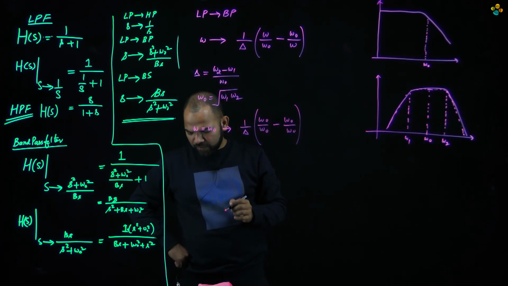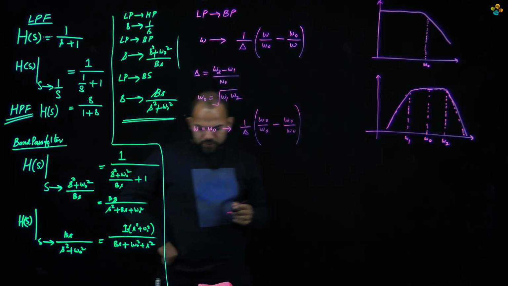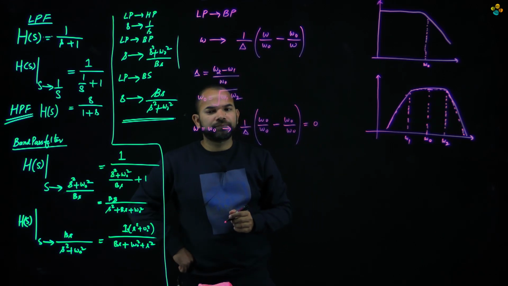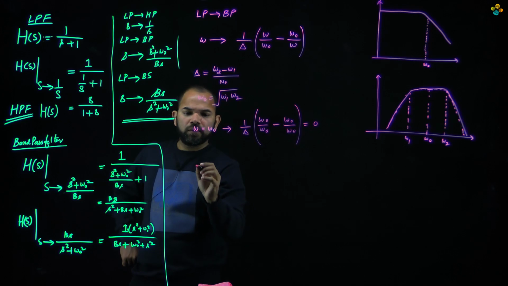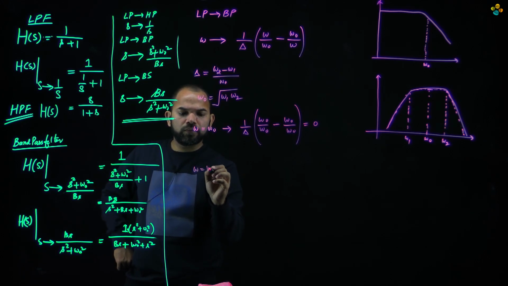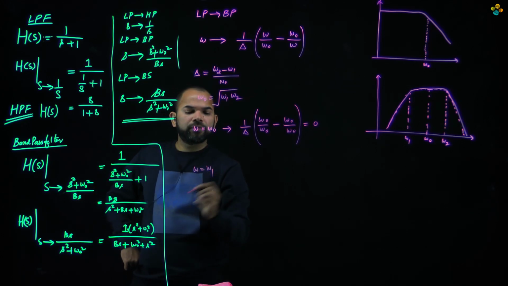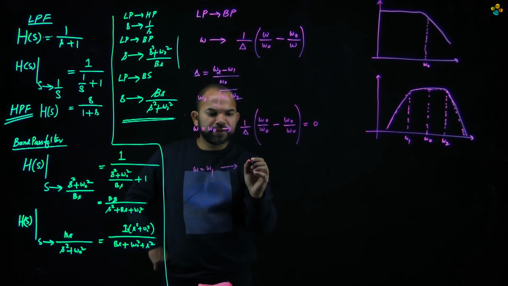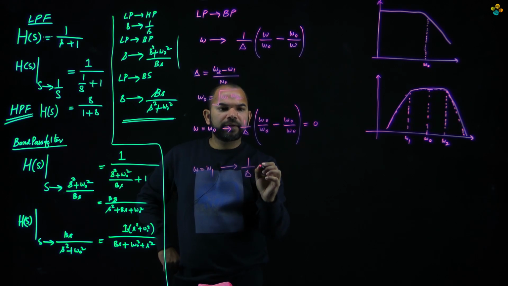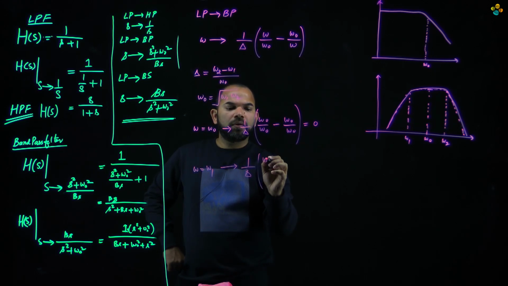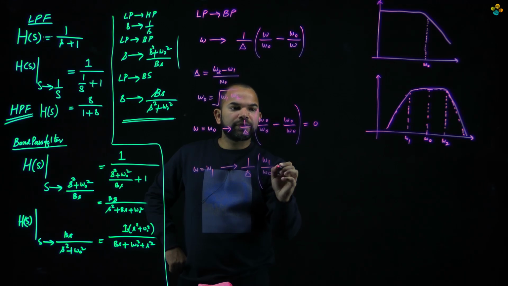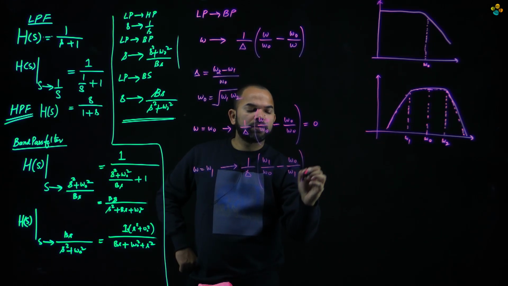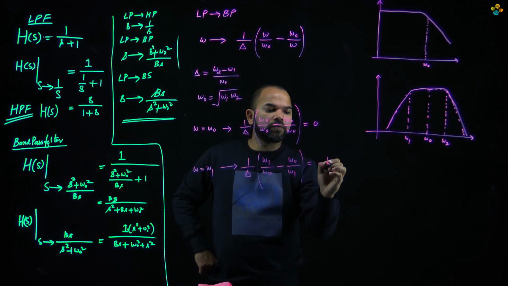When omega equals omega naught, this whole value is equal to 0. When omega equals omega 1, we change here 1 over delta, omega 1 divided by omega 0 minus omega 0 divided by omega 1, and this would be equal to minus 1.